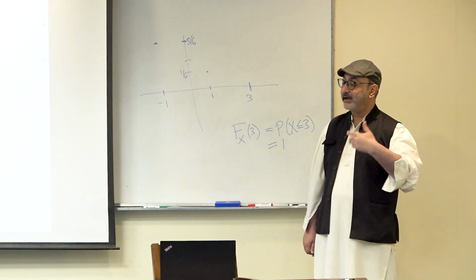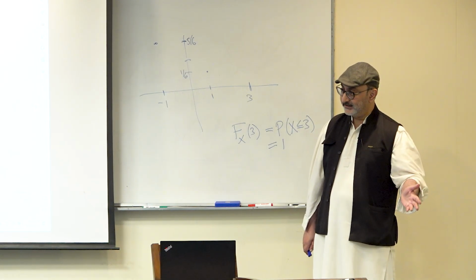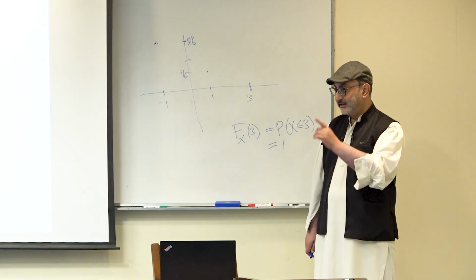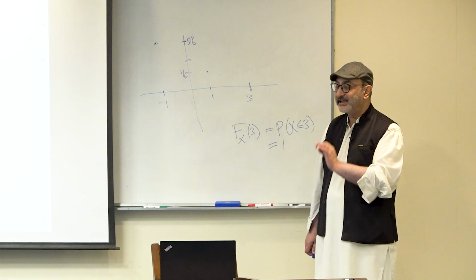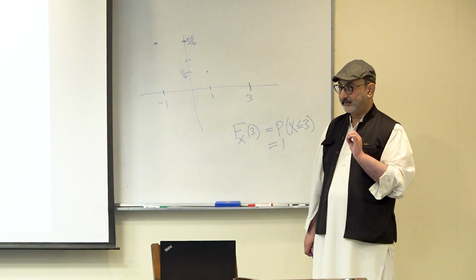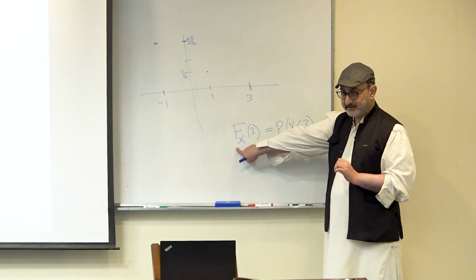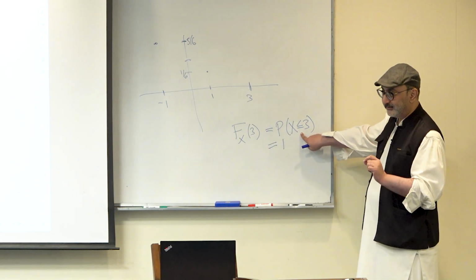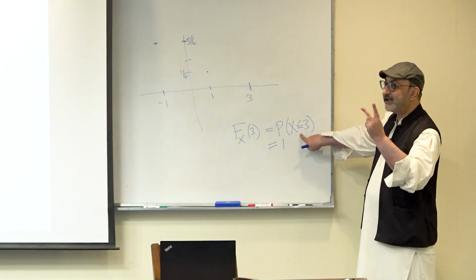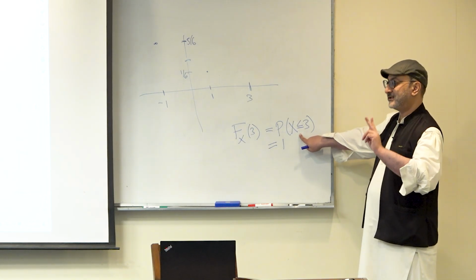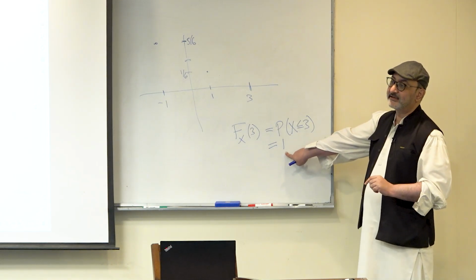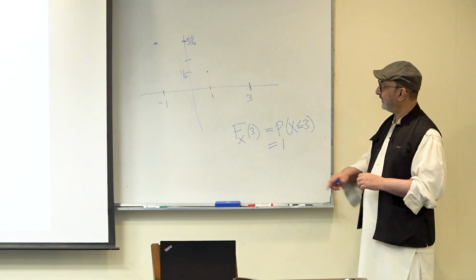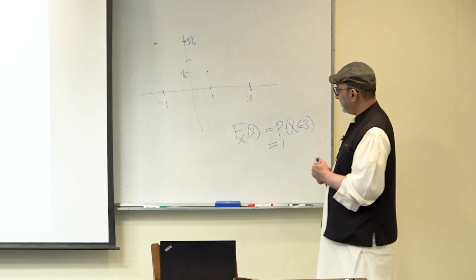X takes the value -1 if you roll any other 1, 2, 3, 4, 5. X only takes values +1 and -1. So this notation means, what's the probability that x takes a value less than or equal to 3? Well, the two values that x can take are -1 and +1, so it must take a value less than or equal to 3. Okay? All right. Let's try another one.